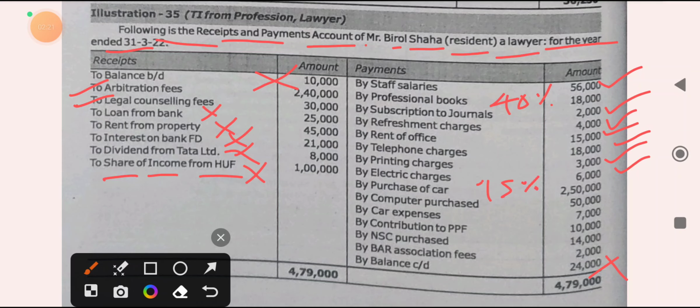15%. Computer purchased, computer and other intangible assets will come under 25%, so take depreciation on that. Car expenses is expenditure. Contribution to public provident fund will not come.